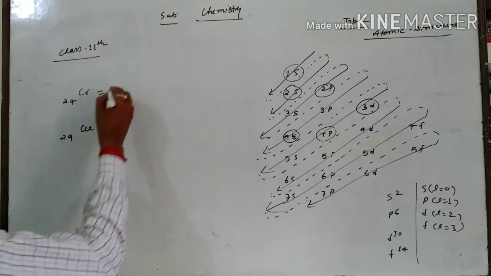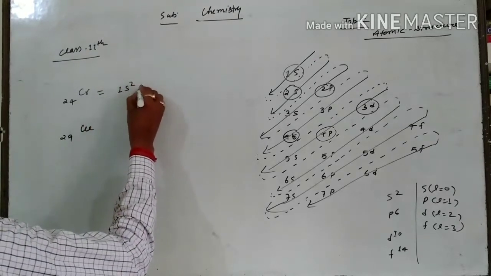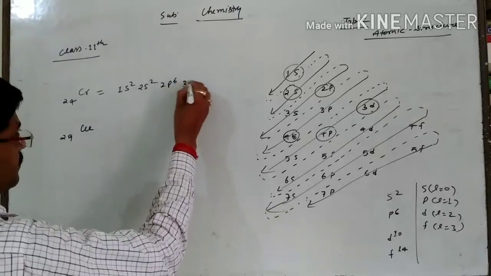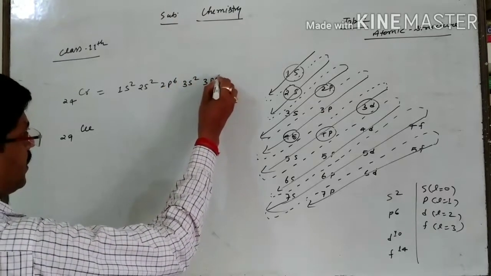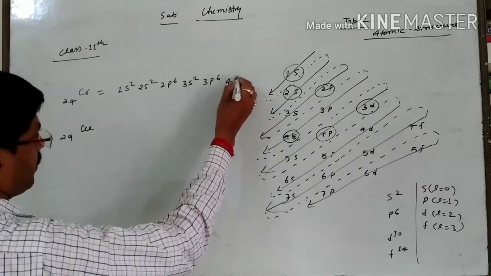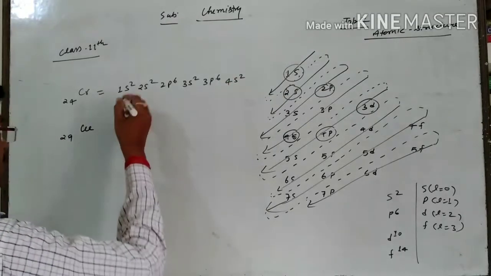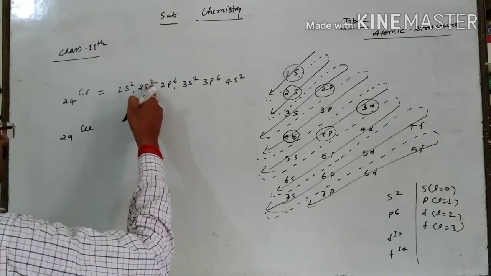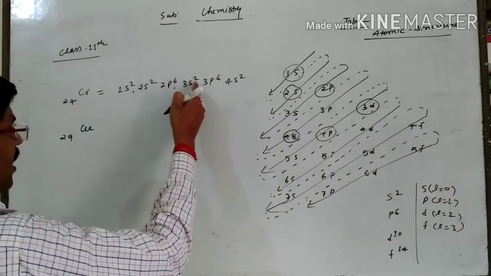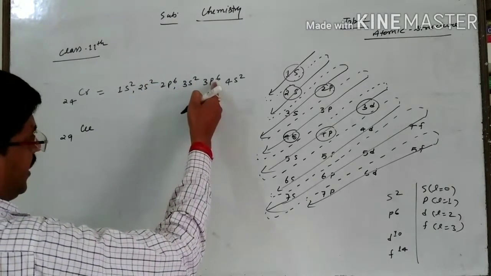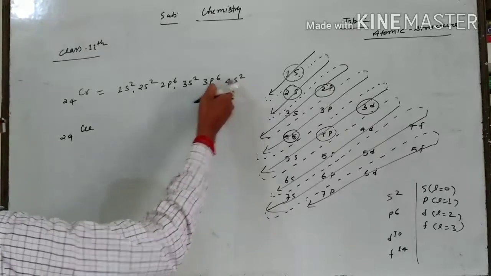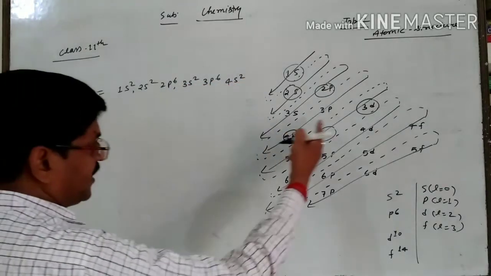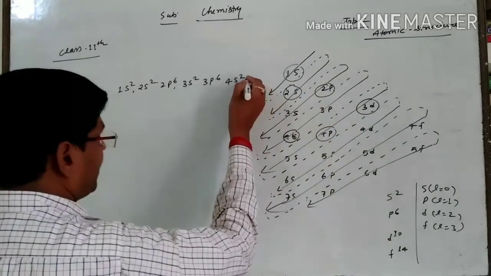Do the configuration: 1s2, 2s2, 2p6, 3s2, 3p6, 4s2. After that, count 2, 4, 6, 10, 12, and 6, 18, and 2, 20. 4 electrons remain, and after that you see 4s, then after that 3d.